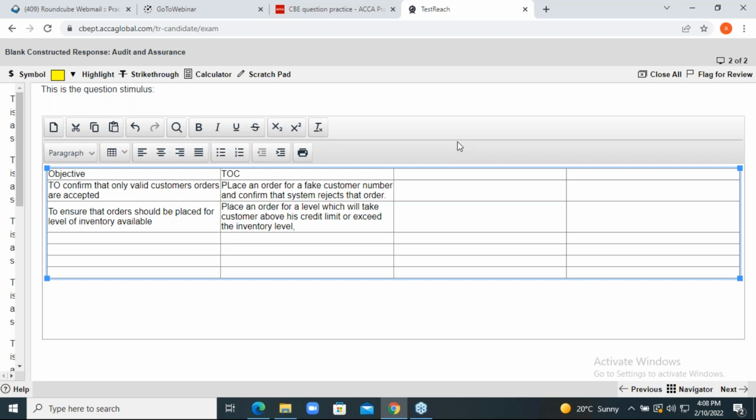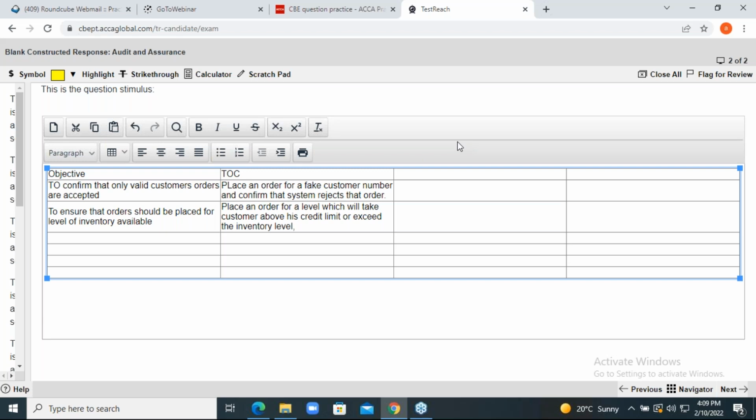Now once again, if we have entered an order, this system should stop us and reject further processing of this order, because this order is taking this customer above his limit. What is credit limit? Credit limit is the level under which he can pay.